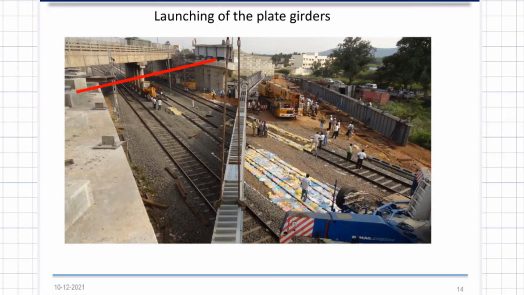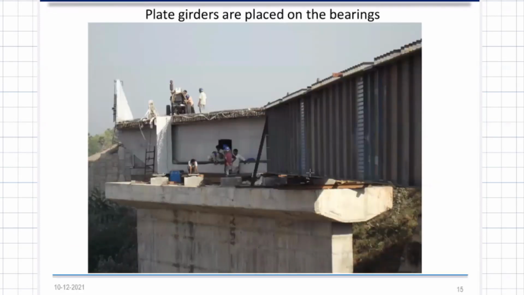Due to what is called the LTB, you can see here, once the plate girders are placed, these are the bearings, right? So it is placed on the bearings and the bearings are locked. The bearings give us the rotational freedom, and we arrest it, so no movement is allowed.